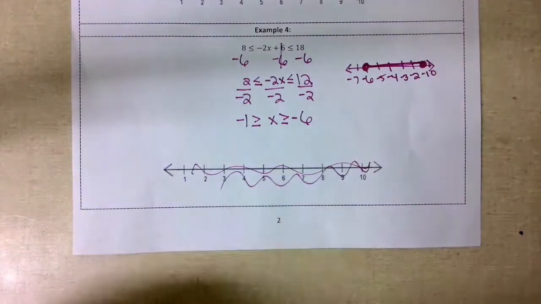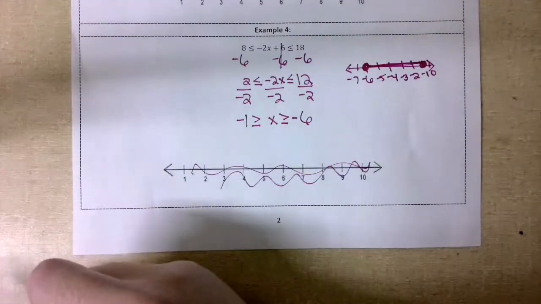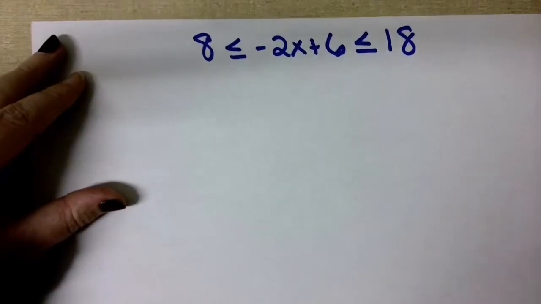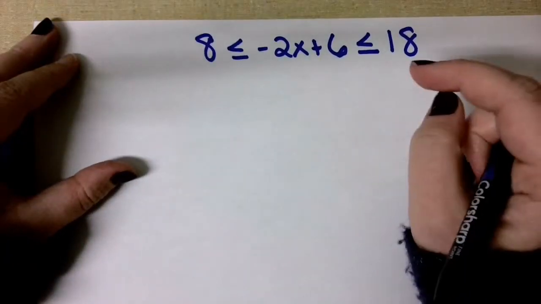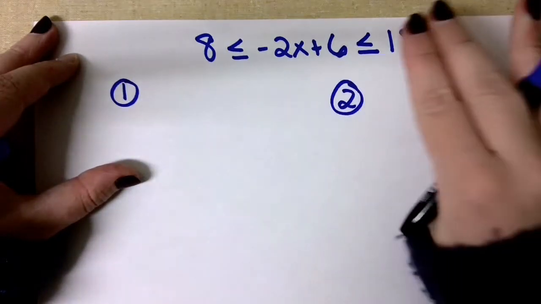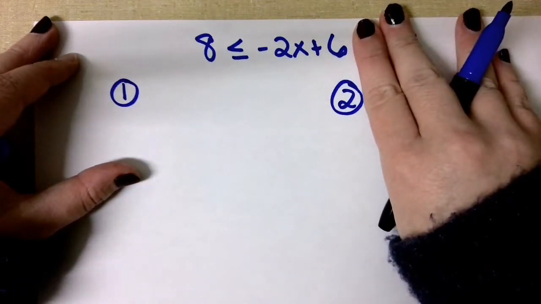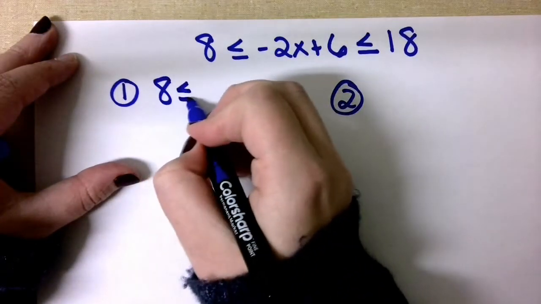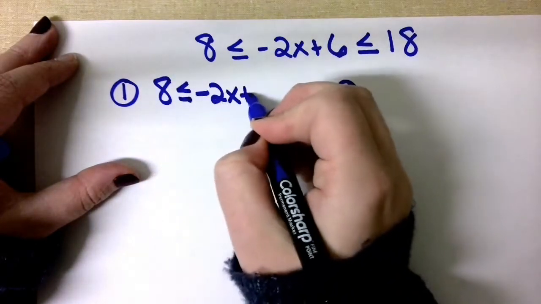Alright, so now I'm going to show you the other method where you can break it up into two inequalities at the top. And like I said, you can break it into two equations or two inequalities. I'm going to cover up the less than or equal to 18 sign. And I'm going to have 8 is less than or equal to negative 2x plus 6.